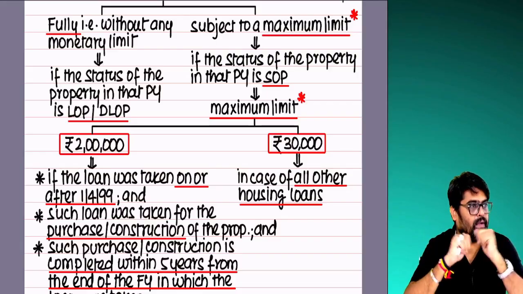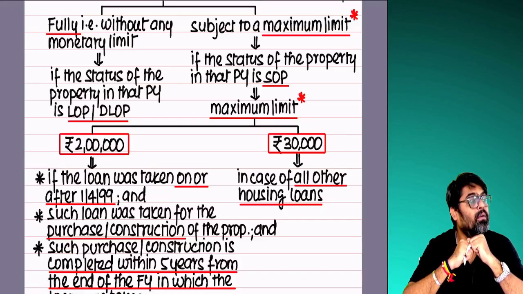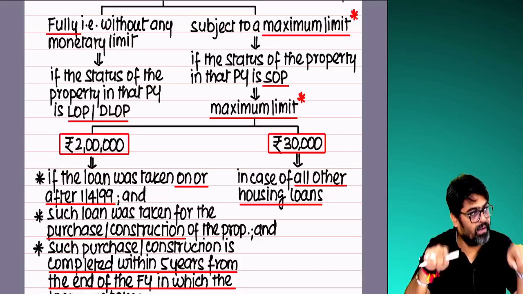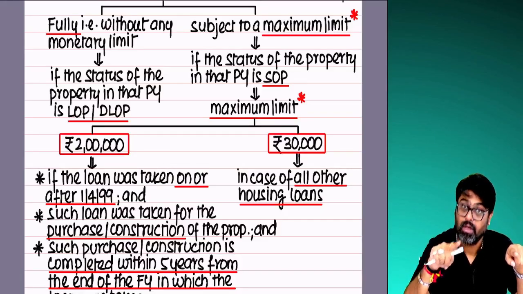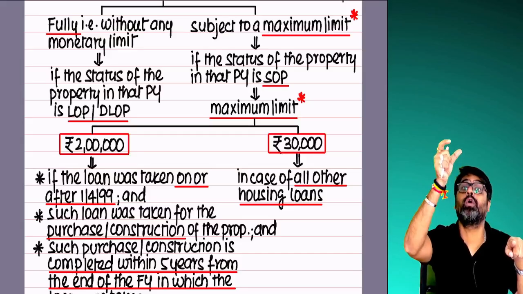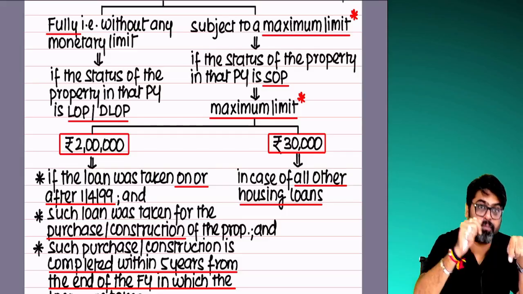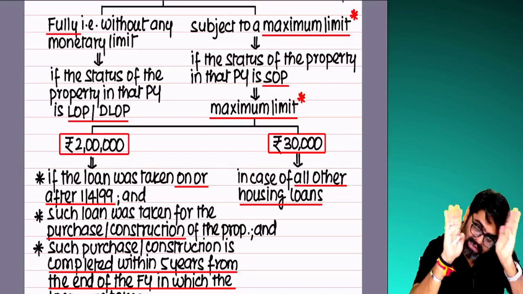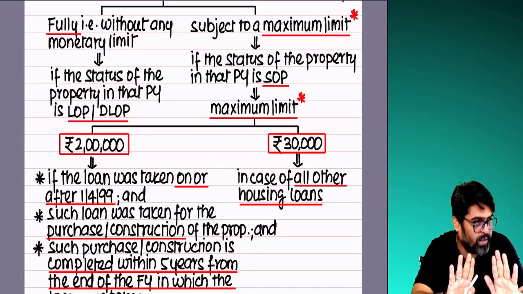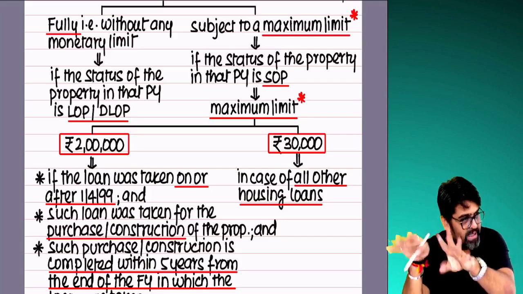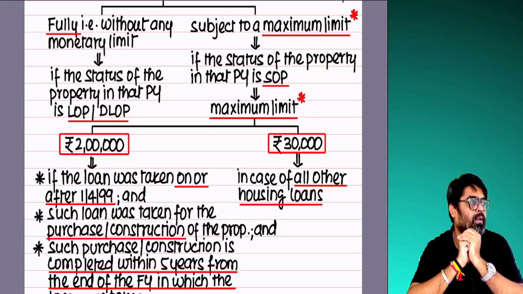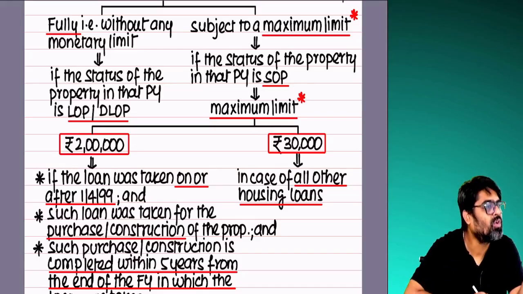That you have to calculate. Getting my point? For the previous year 25-26, how much interest becomes due on the housing loan which you have taken for this SOP? That entire interest which becomes due in this year will be allowed as a deduction in this year only, but subject to a maximum limit of 2 lakhs.